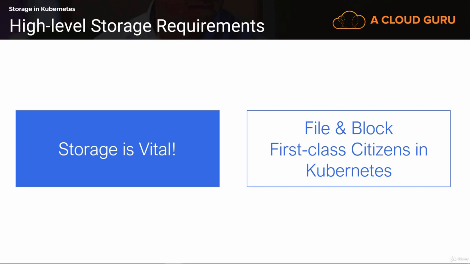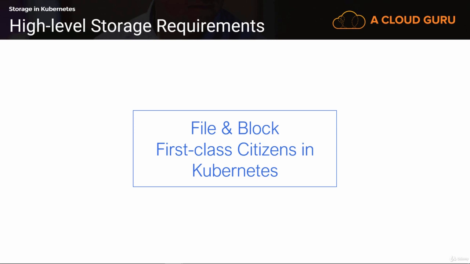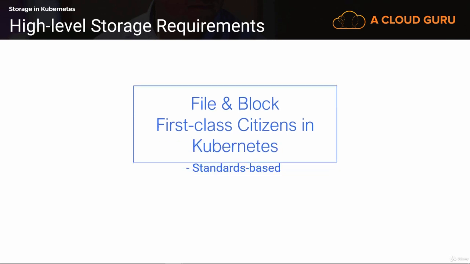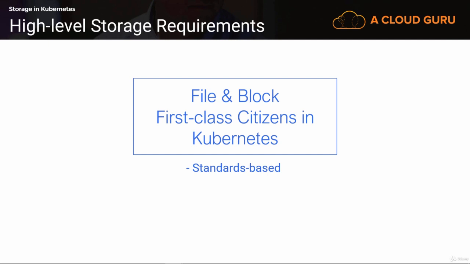Because for the longest time, storage was, I don't know, second, third, maybe even fourth class. Now, what I mean by first-class citizen in Kubernetes is that we have got strong standards-based support for persistent storage like file and block. And you can bring your favorite enterprise array. Plus, Kubernetes has this rich set of APIs that let us consume and manage it.